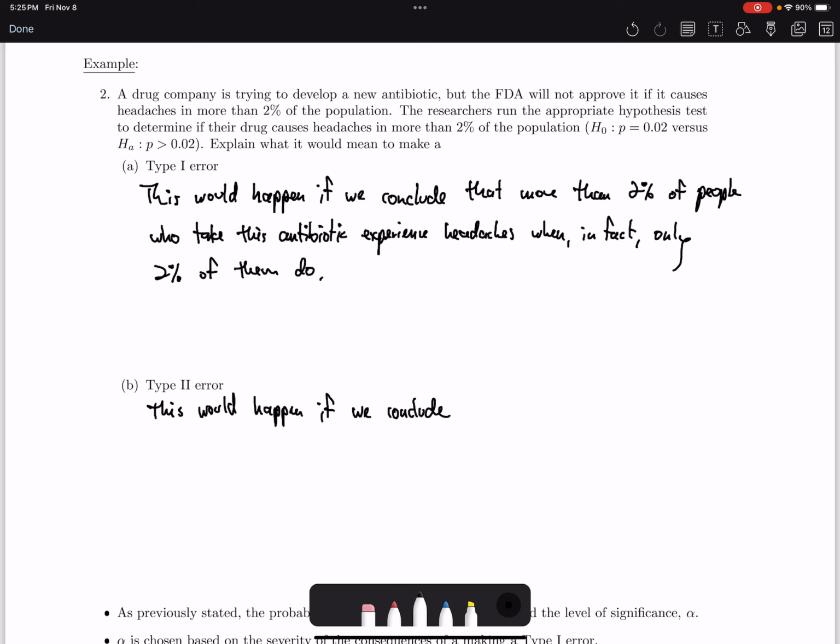So I'm just going to take my previous interpretation and adjust it here by swapping some things around, right?